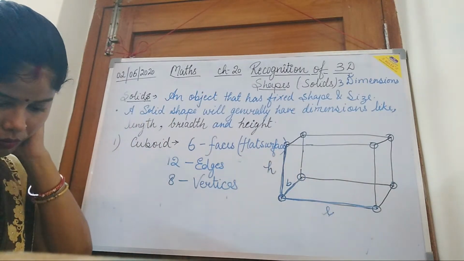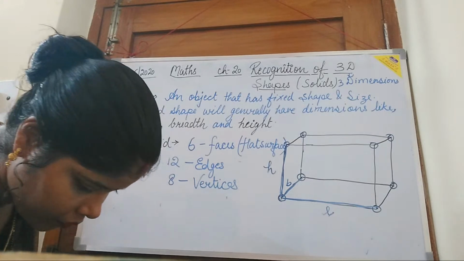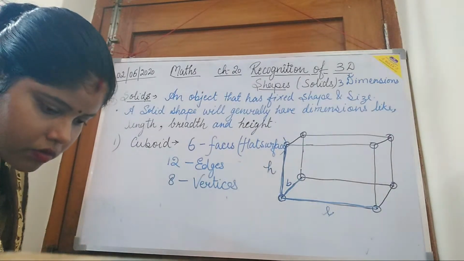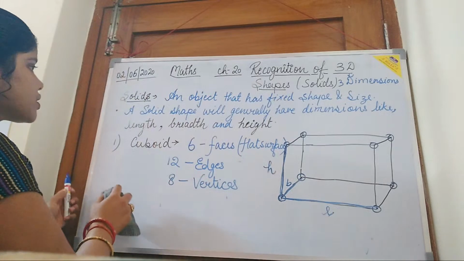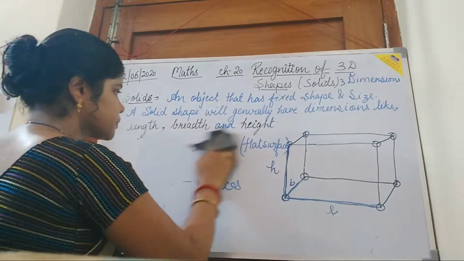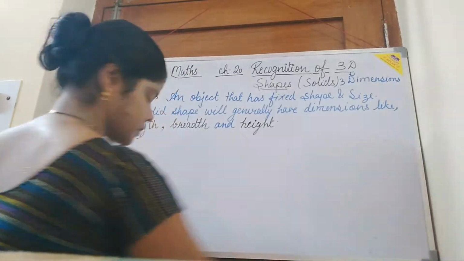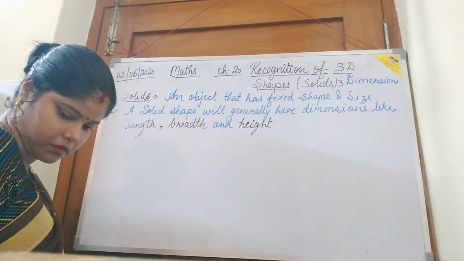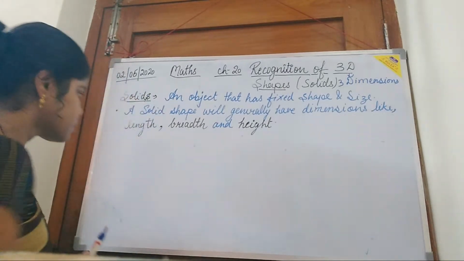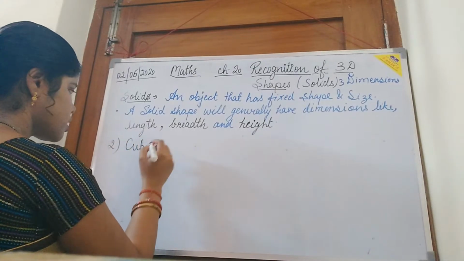Now after the cuboid, we are going to discuss the cube, the second solid shape. What is a cube?